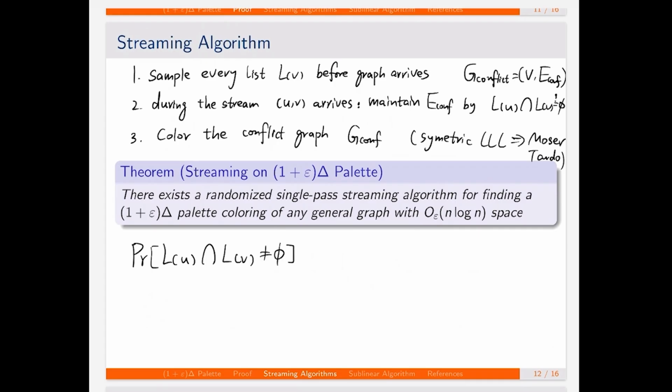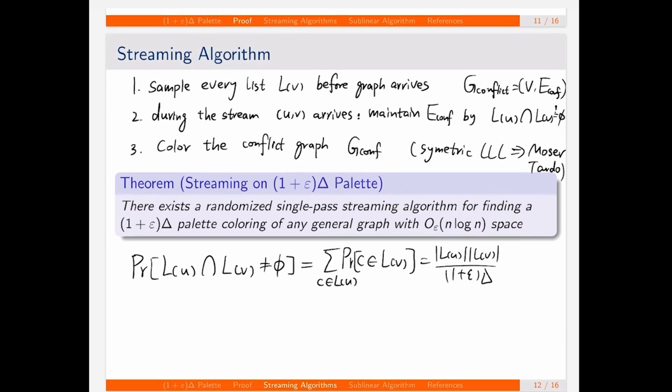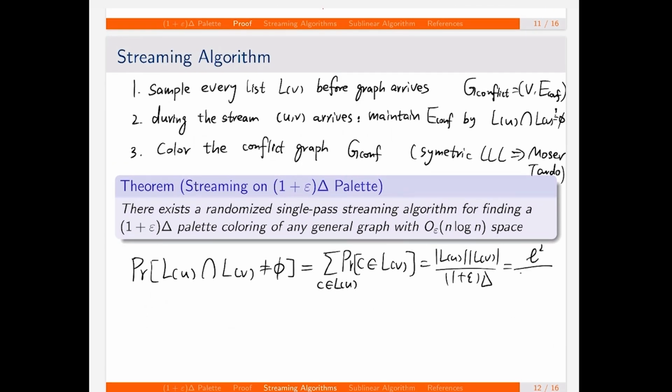If they are not disjoint, then the probability equals the sum over colors in U such that this color is also in the color set of V. And this equals L_U times L_V over (1 plus epsilon) delta, which equals L squared over (1 plus epsilon) delta. As before, this little l denotes the sample size.